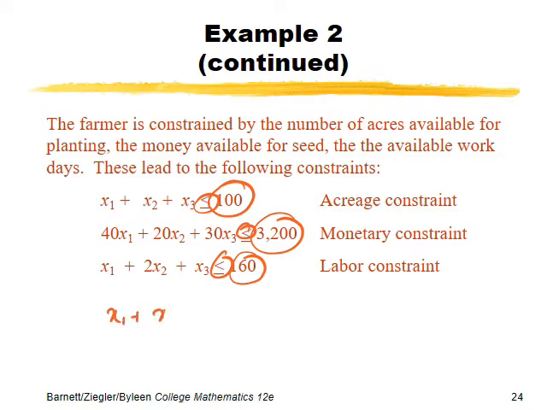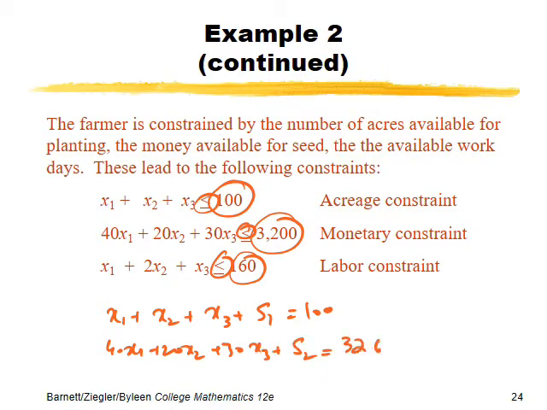We will add slack s1, and it will become x1 + x2 + x3 + s1 = 100, 40x1 + 20x2 + 30x3. We will add a second slack, and it will become 3200. Similarly, x1 + 2x2 + x3 + s3 = 60.